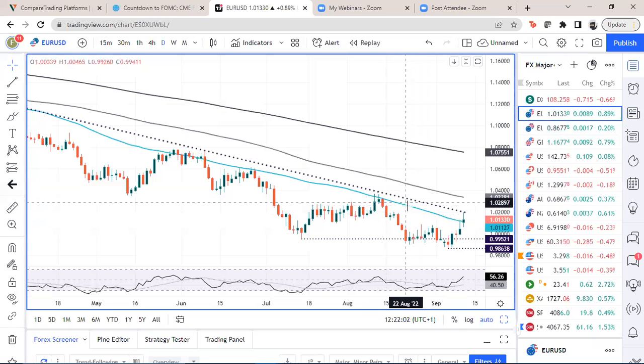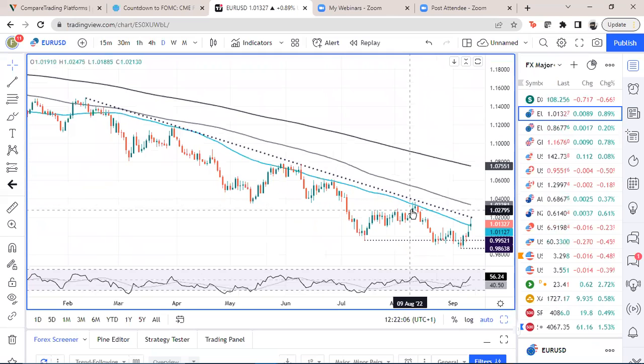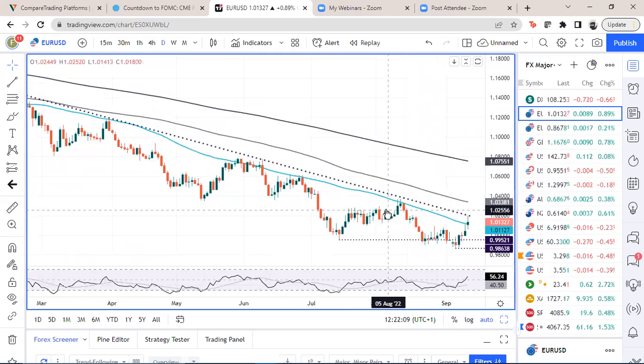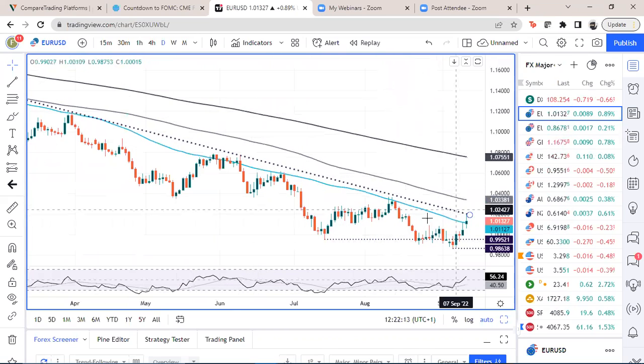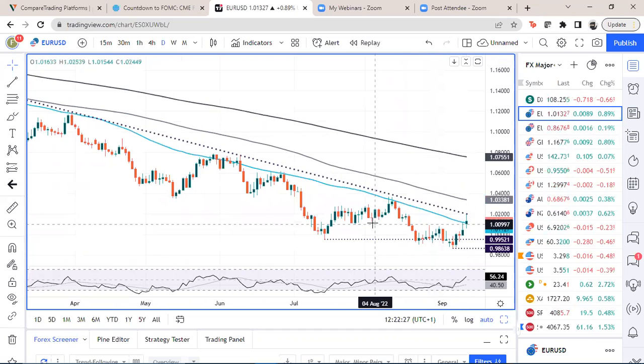But we do have this trend line resistance, so that goes back, similar to the DXY, actually, to February, those February highs touching a number of points, so potentially quite significant as the first line of resistance. You can see we touched it today, 1.0197, the high today, and then we've pulled back 60 pips or so. So that will act as resistance for sure, the bearish trend line from those highs in February.